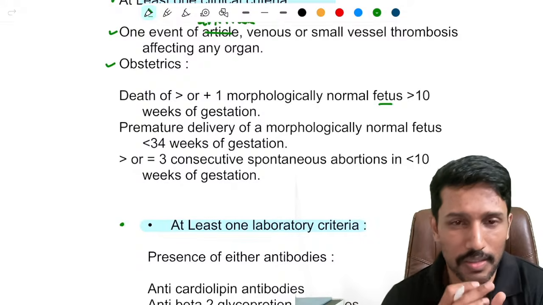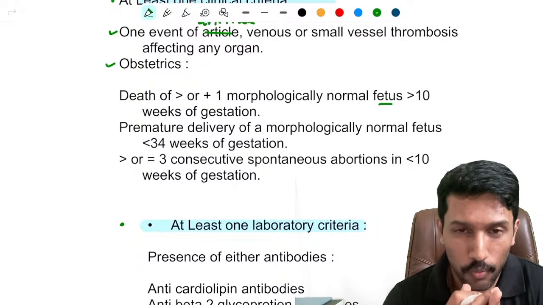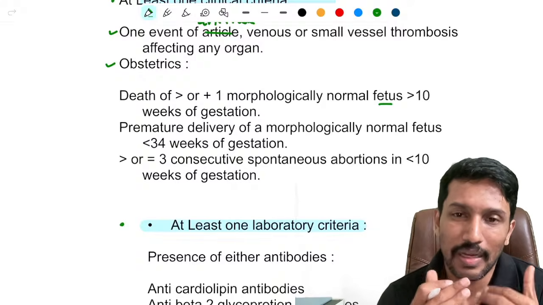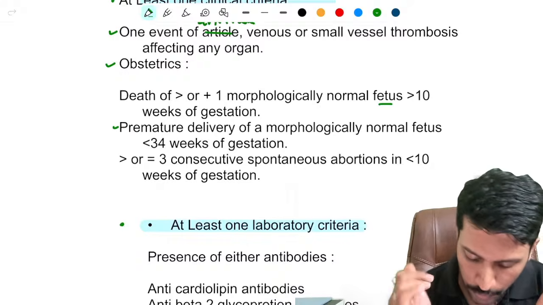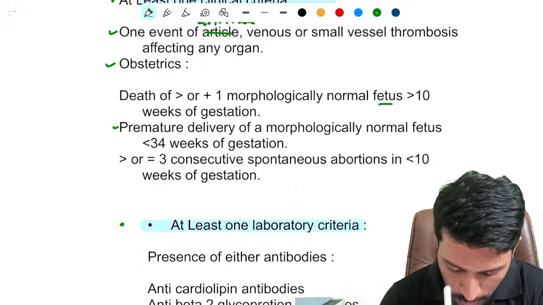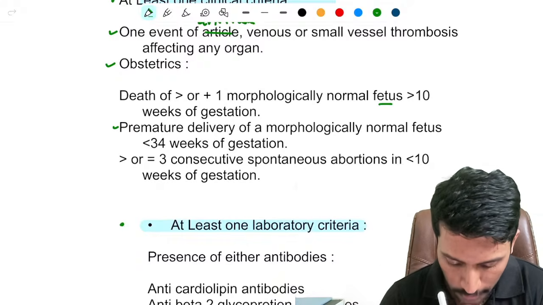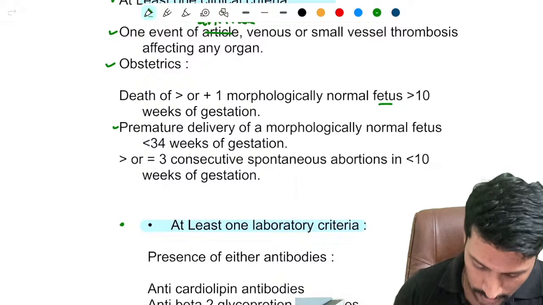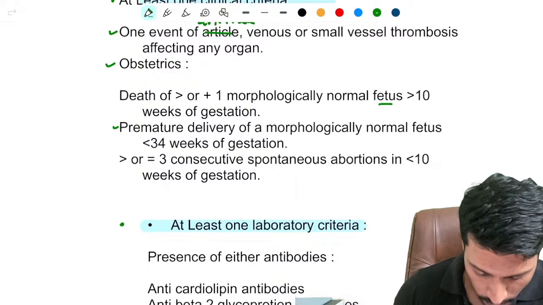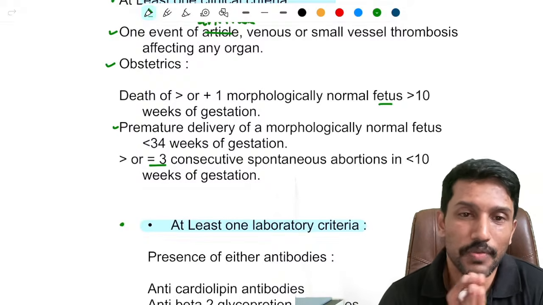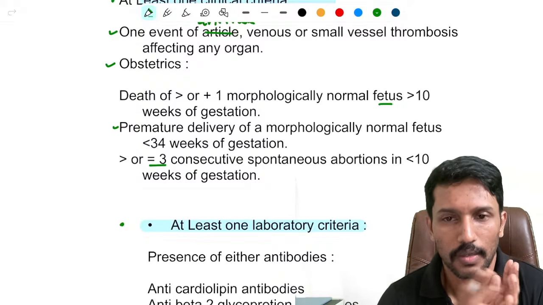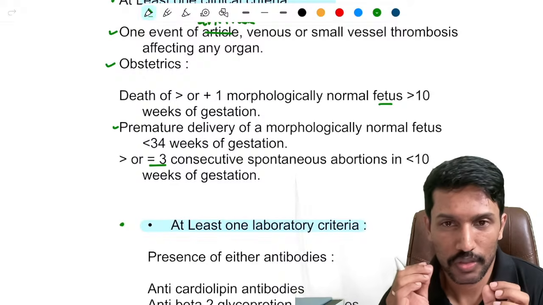So that's why if there is death of one or more than one morphologically normal fetus after 10 weeks of gestation, or if there is premature delivery of a morphologically normal fetus before 34 weeks of gestation, or more than or equal to 3 consecutive spontaneous abortions within 10 weeks of gestation. After 10 weeks, I need a morphologically normal fetus.